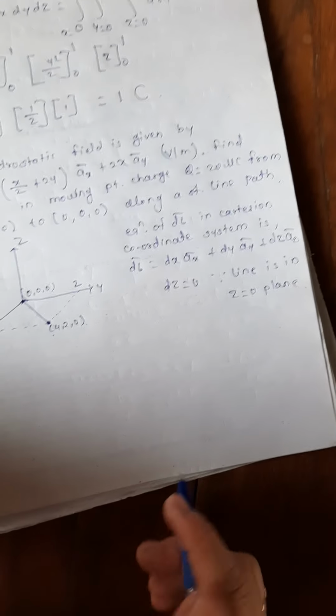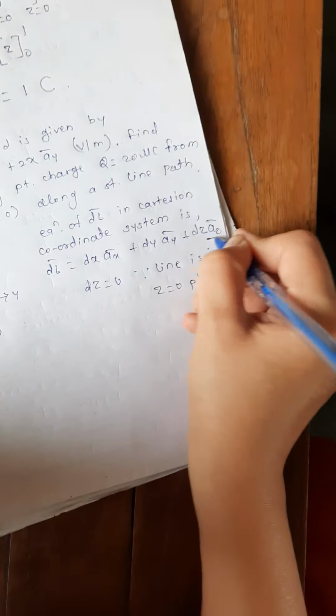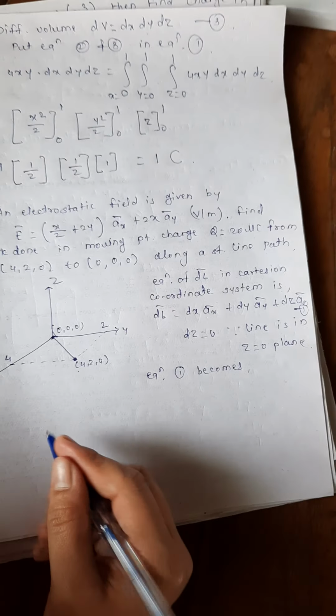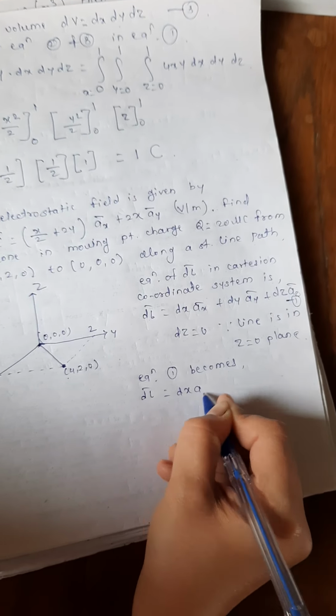So equation 1 becomes dl bar is equal to dx ax bar plus dy ay bar. This is equation number 2.